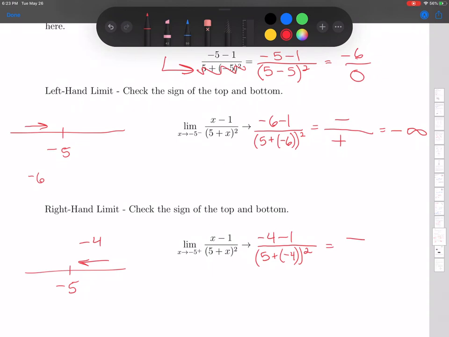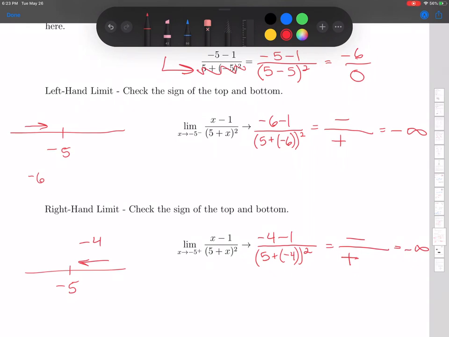So once again, the outcome here on the bottom is going to be positive, right? So negative divided by positive is negative infinity. So we ended up with negative infinity again.